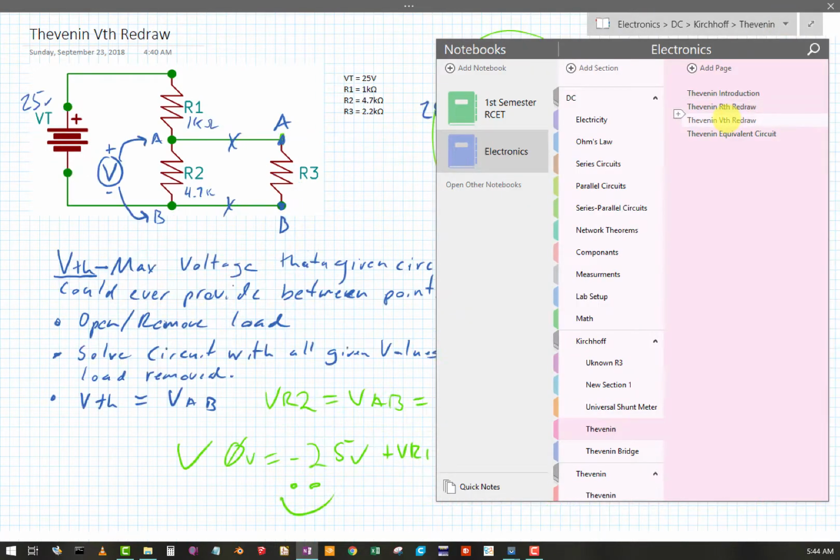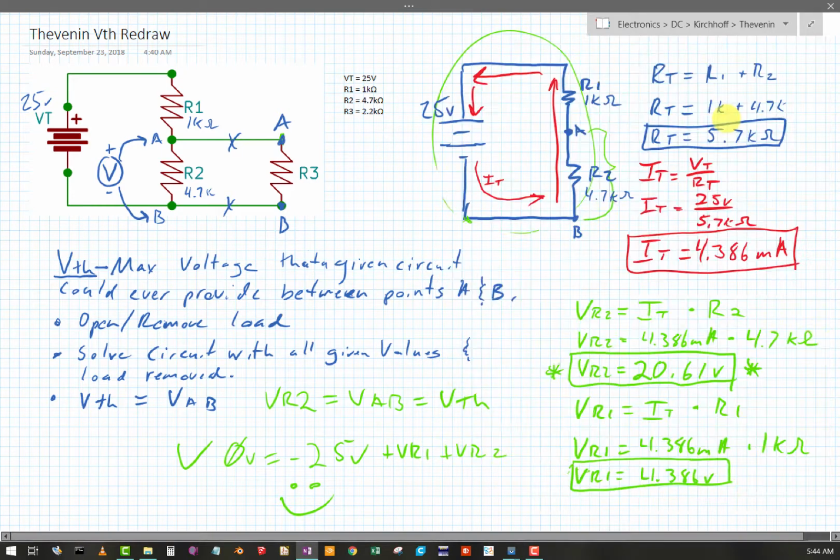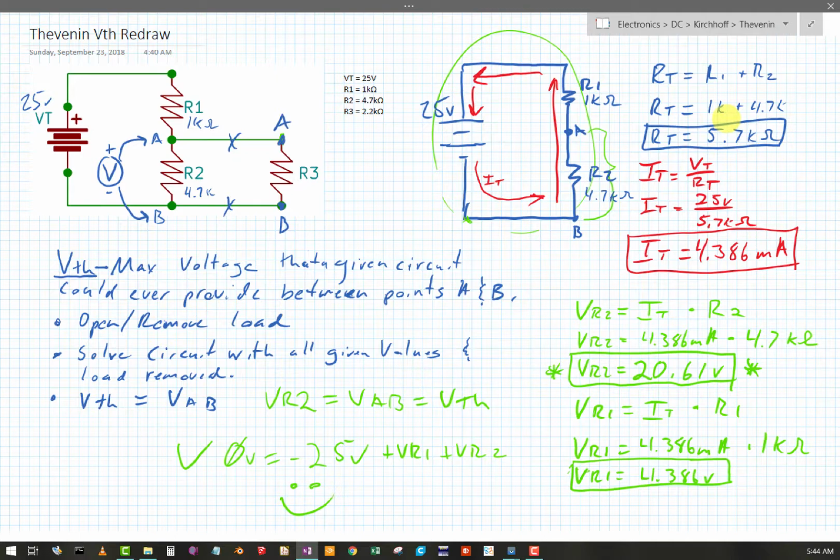Okay, V Thevenin. We're looking at the most voltage that the A and B points could ever see in your original circuit. So take that load out and measure where it was, and you will see a value for V Thevenin. V Thevenin is the most voltage that your given circuit could ever provide between A and B, so if you open or remove the load, you basically have the maximum resistance of that load.